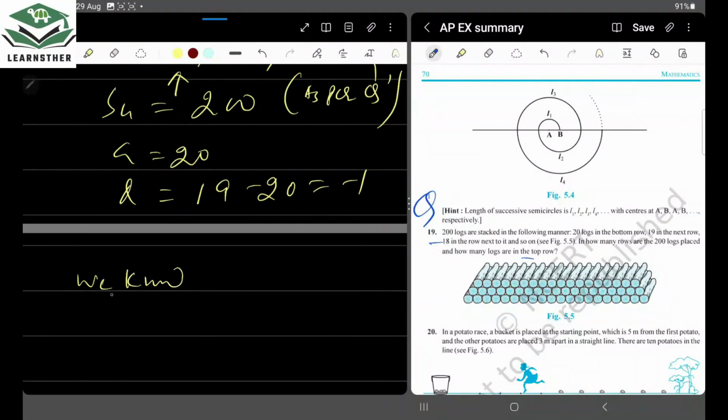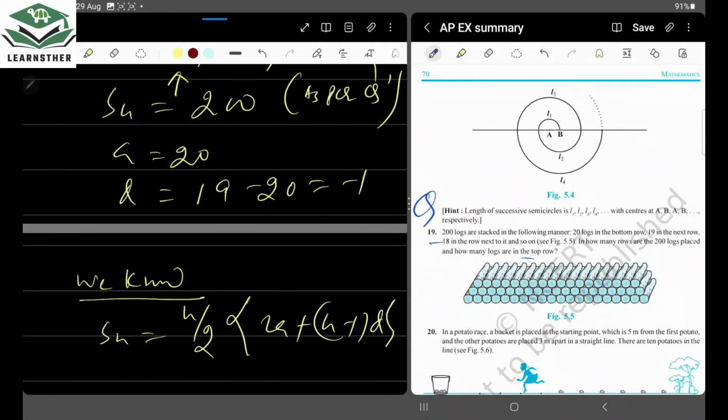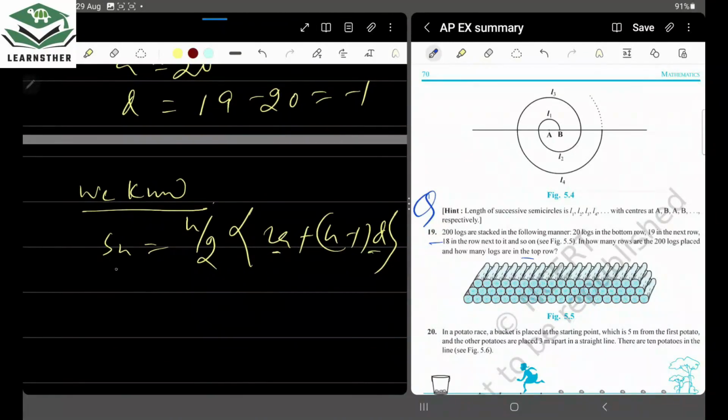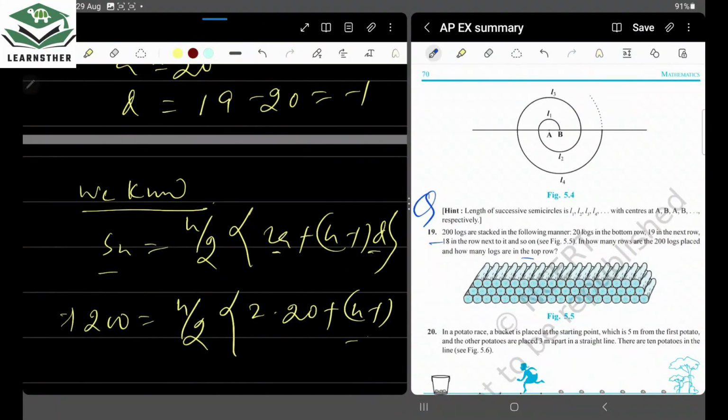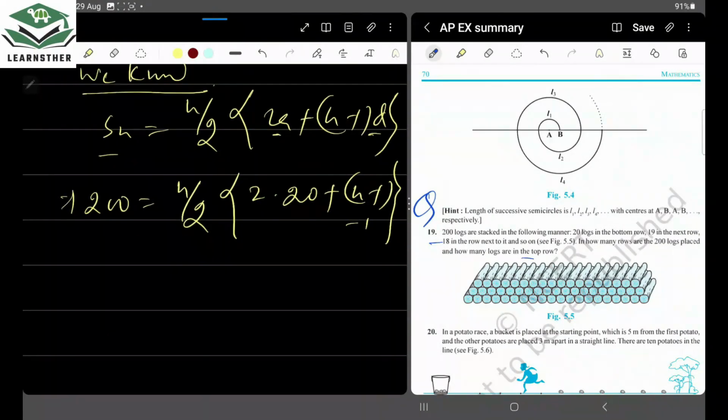So we know Sn is equal to n by 2, 2a plus n minus 1 d. We already know this a and d. And this one, this is your 200: n by 2, 2 into a, which is your 20, n minus 1, d is your minus 1.